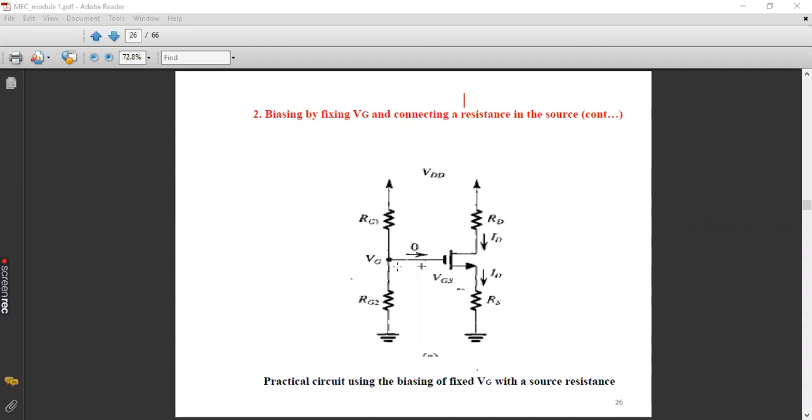So please take this down. Again, you can compare this circuit with the first circuit you have drawn, that is biasing by fixing VGS. The only difference you will observe is that there you don't have RS, but in this we have a source resistance RS.